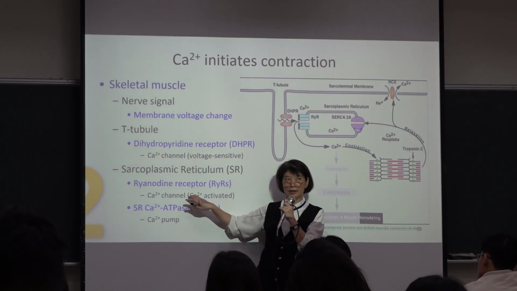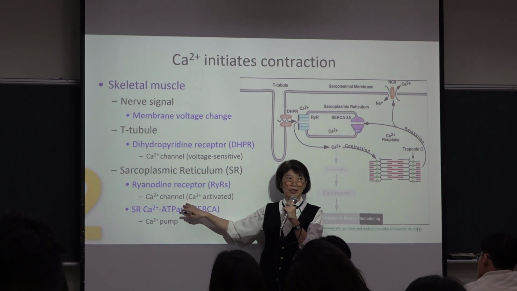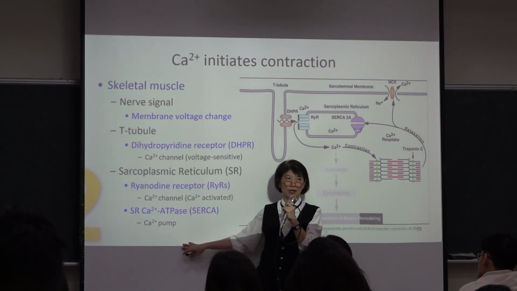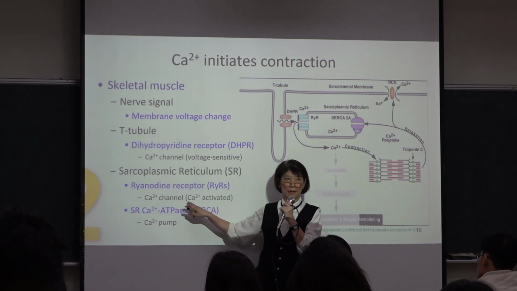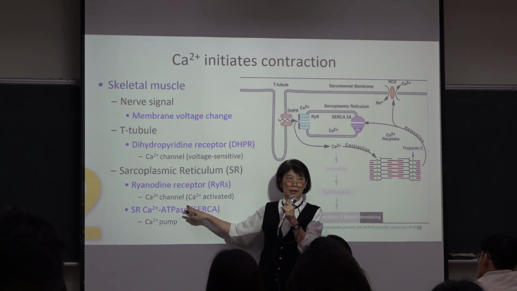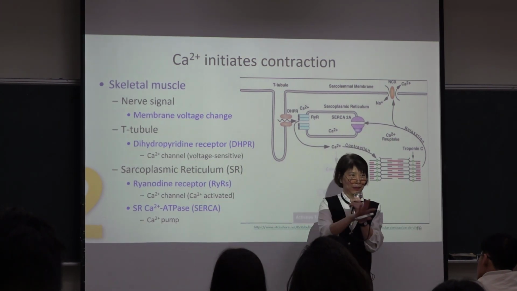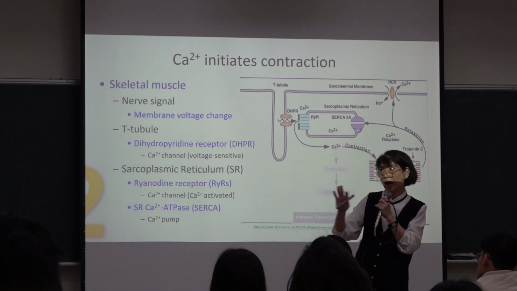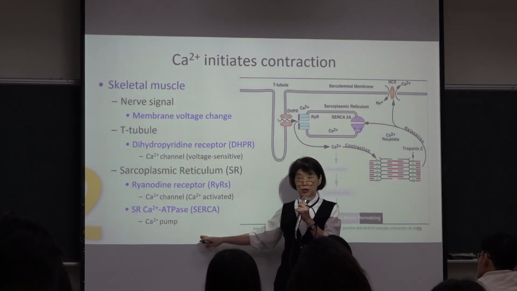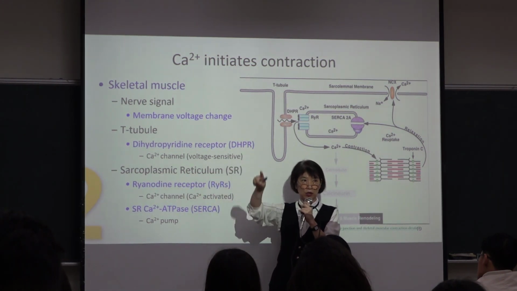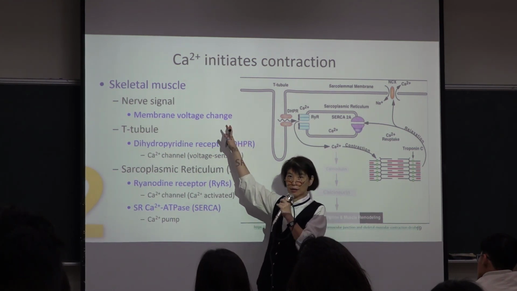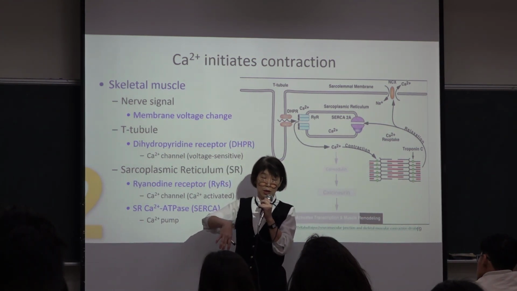Why doesn't this channel need energy to do transportation? Because it relies on concentration gradients. From high concentration to low concentration, right? This is down the concentration gradient.